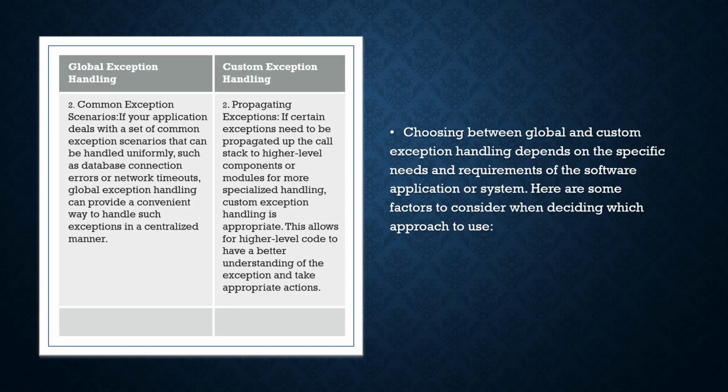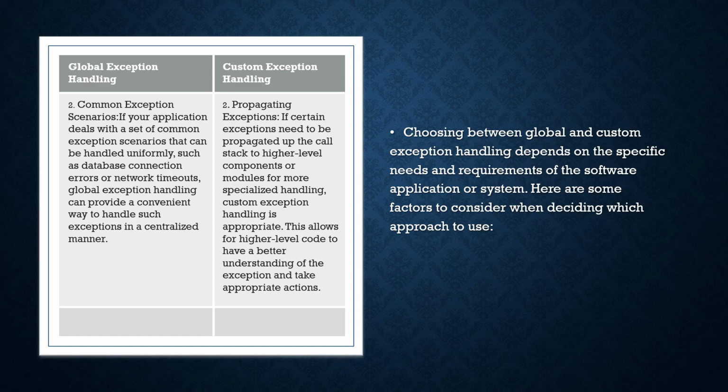For global exception handling, for example, in your application you may be dealing with some sets of common exception scenarios that can be handled uniformly, for example database connection errors or network timeouts. In such scenarios, global exception handling provides a convenient way to handle such exceptions in a centralized manner, and it will be very useful.